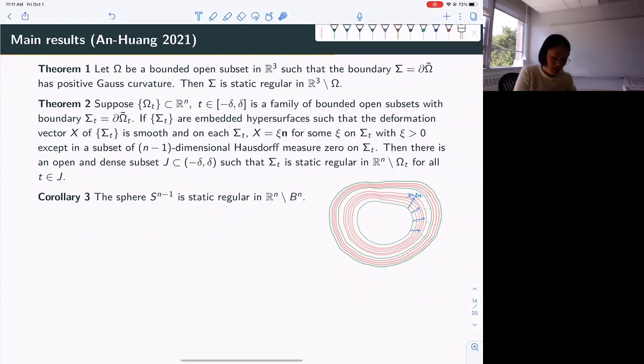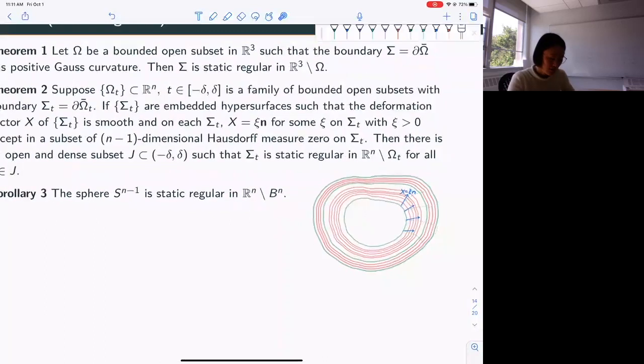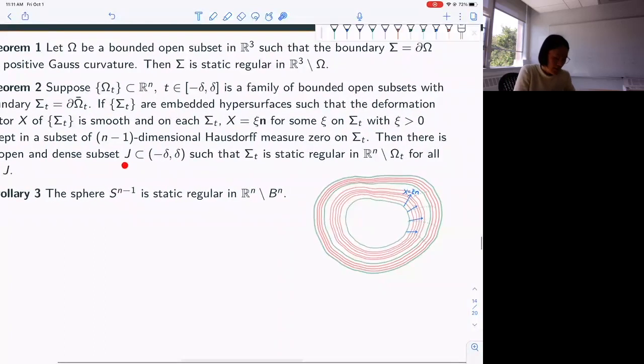The deformation vector is a rescaling of the unit normal vector, and the scalar c is positive almost everywhere. In this case, we can find an open and dense set J, so that any sigma t lying in this interval must be static regular.